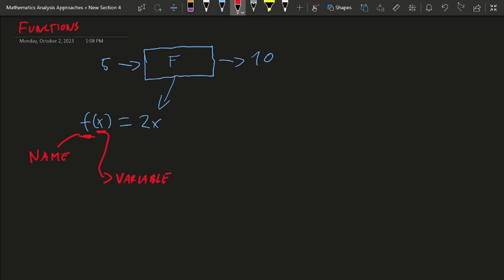Then the rest is the rest of the equation. This is its content. This is what f of x is equal to. We're gonna focus on this more now. Okay, so let's look at what's happening here.